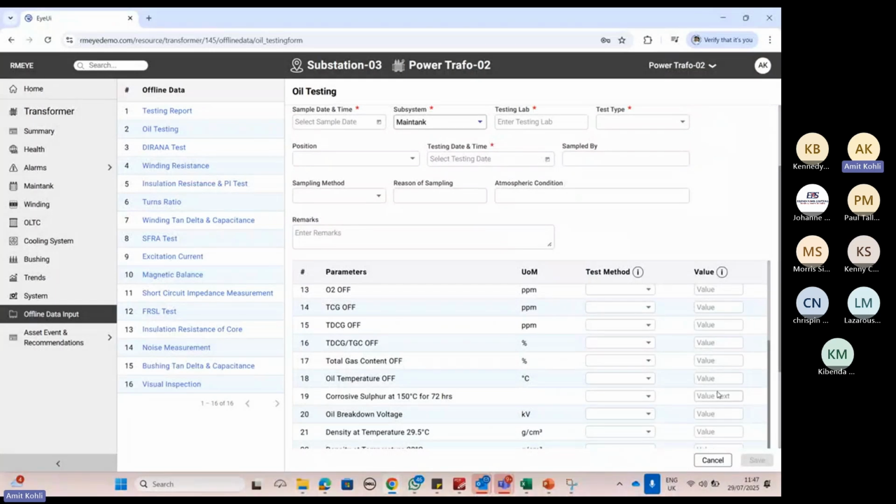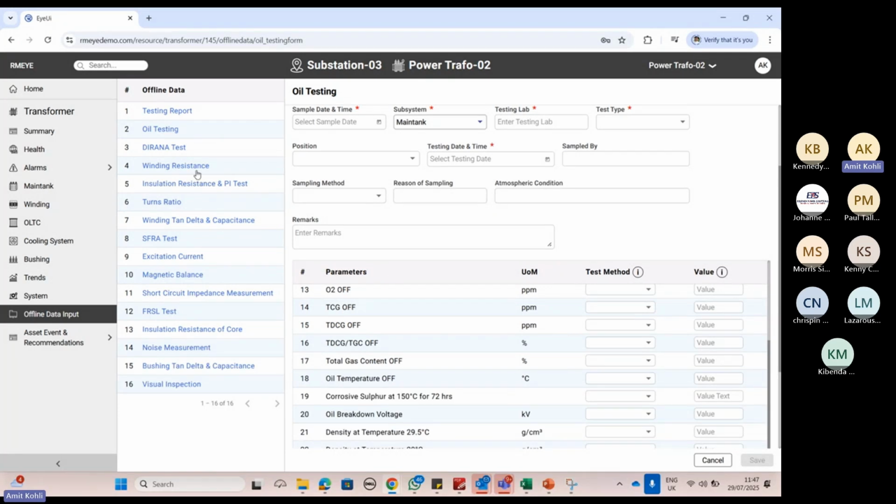Then the only work for you will be to verify whether the entered data is correct or not. And as soon as you verify that the entered data is correct, you can save the data, and then it automatically recalculates the health index of the transformers and gives you the impact of this testing on your transformer health.